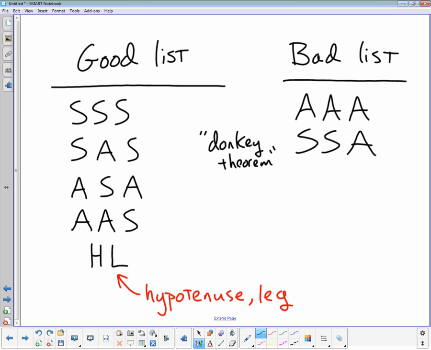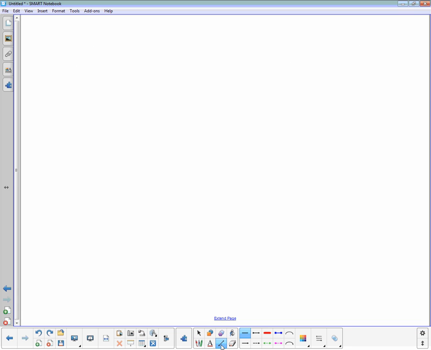So, why is side-side angle on the bad list? Here's why. Here is an angle. I have to use that angle, exactly that angle, when I make my triangle.